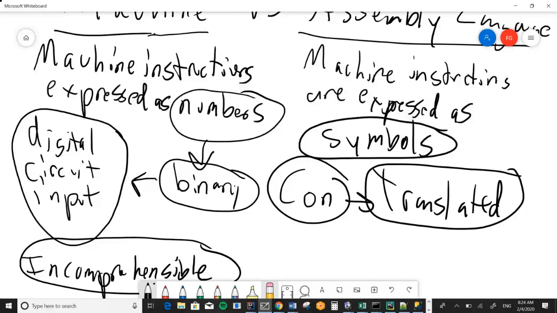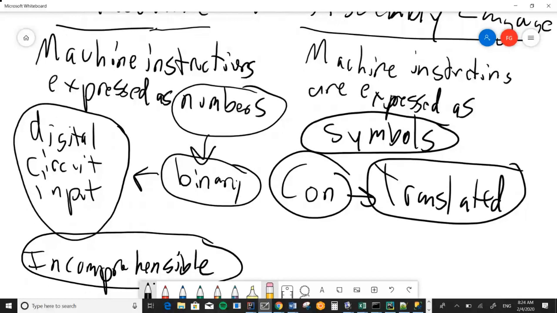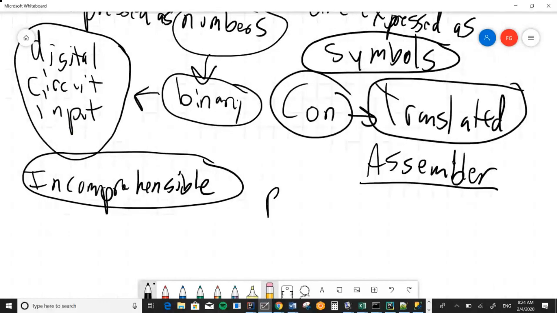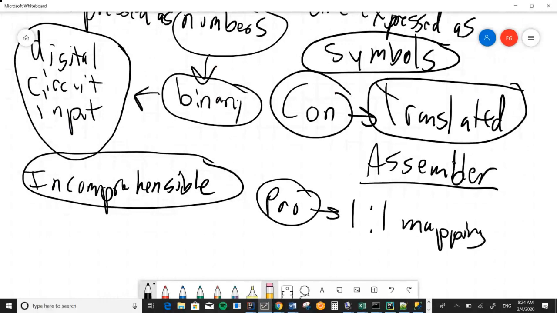So the big con is this stuff has to be translated, and that translator is known as an assembler. It's called an assembly language because an assembler assembles it into machine language. But assembly language has an enormous pro, which is a one-to-one mapping from ASM to machine language instructions.